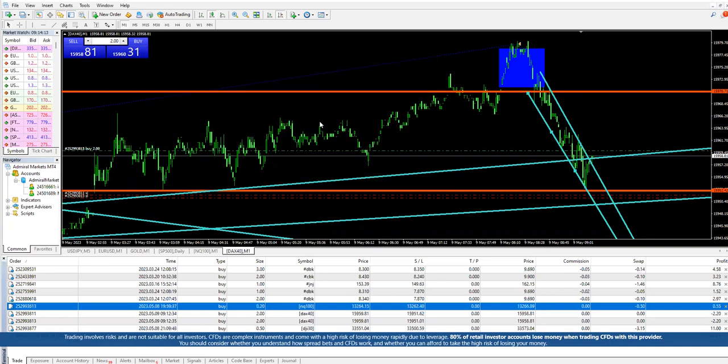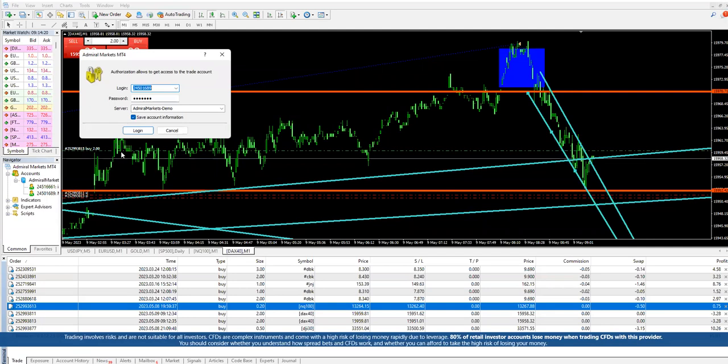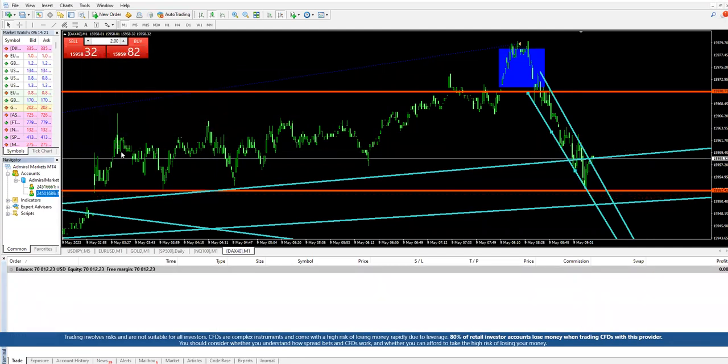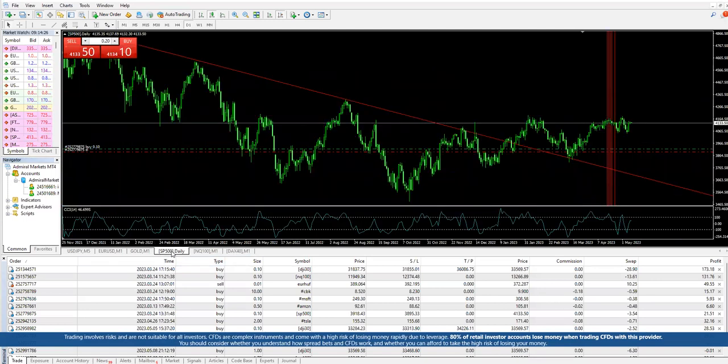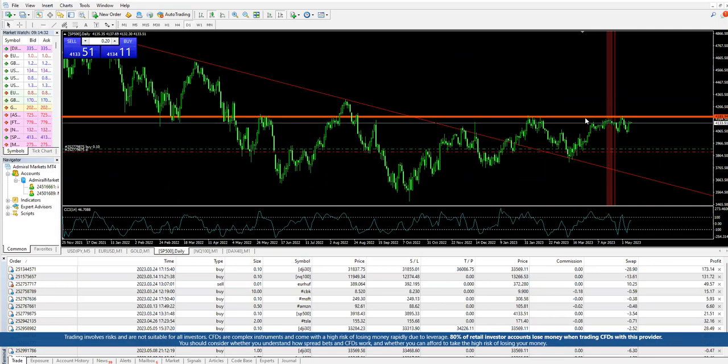Yesterday was a good day on this demo account. While we wait, let me check some share positions for long-term investors. I used to check the daily chart of S&P 500. Resistance is near here.